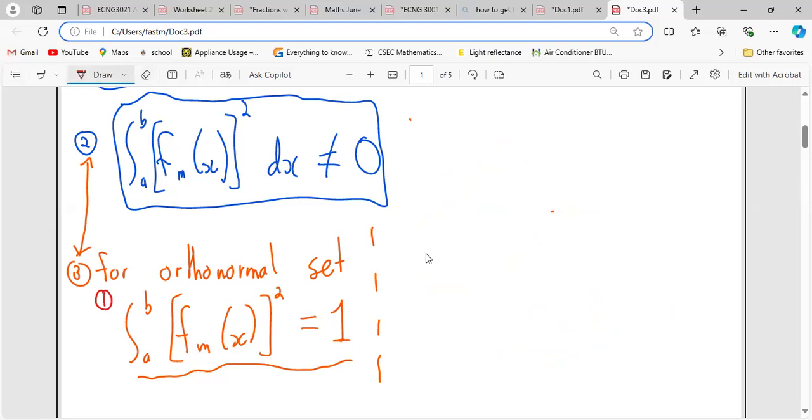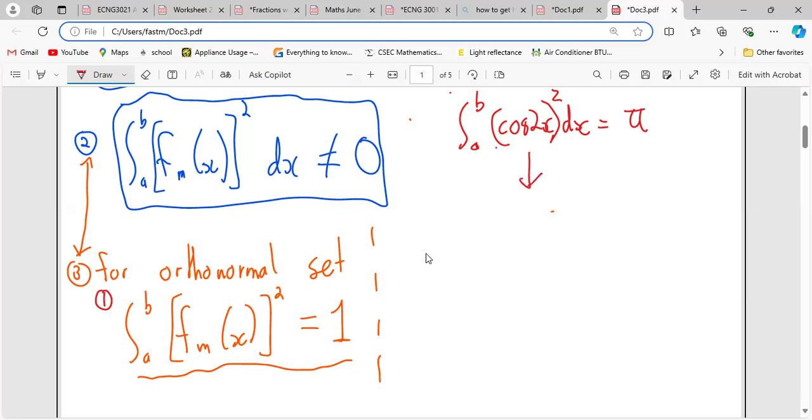Let's say we did this integration here: we integrate from a to b cos 2x dx, all squared. So that's what we have here, and let's say we did our integration and we end up with pi. Keep this in mind, that is pi. Now they want us to find a factor that we can multiply all the functions by to get 1 as the answer. Right now we have pi as the answer.